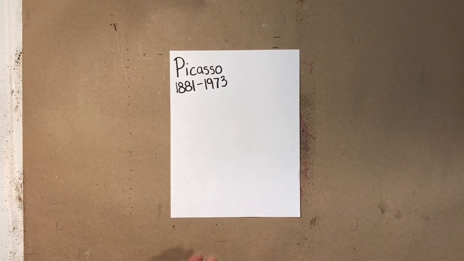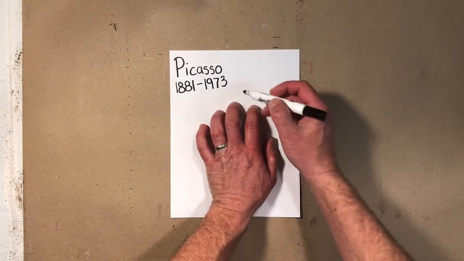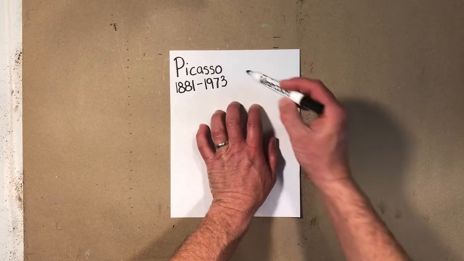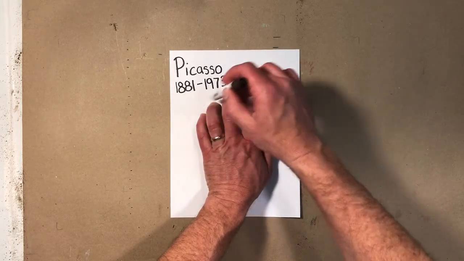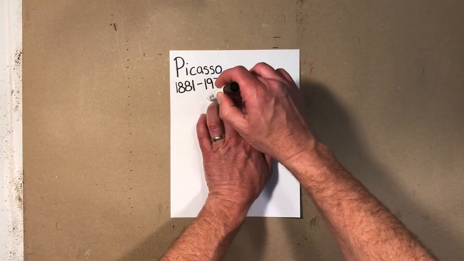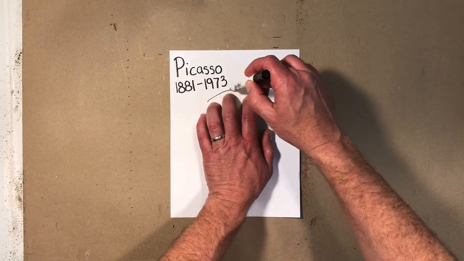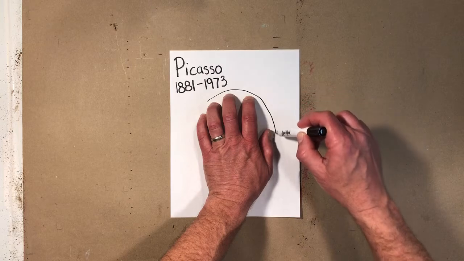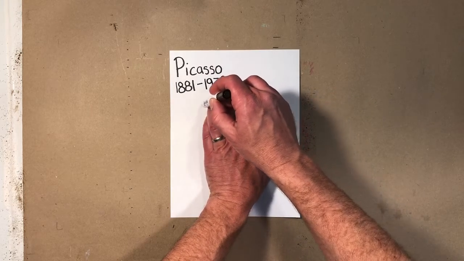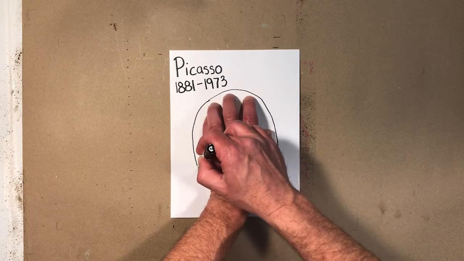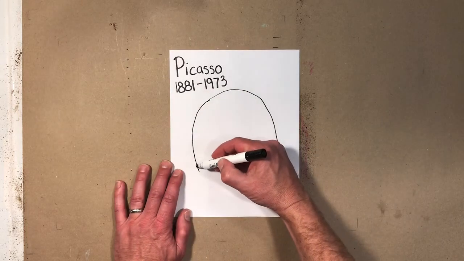What you're going to do is trace, not around your fingers, but use your hand just to show you about what size your circle or your oval should be for your head. So I'm not going to touch my fingers with my marker, and I'm going to make the head about that big. We can stop at the wrist here, and then we can finish this off.